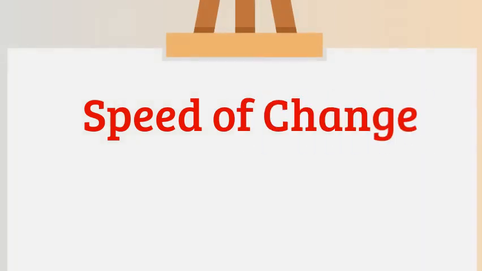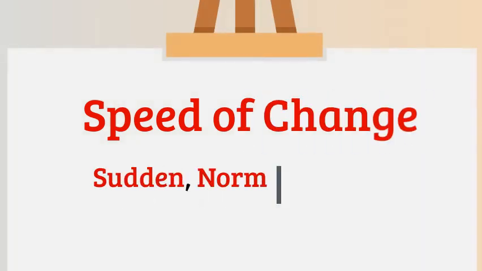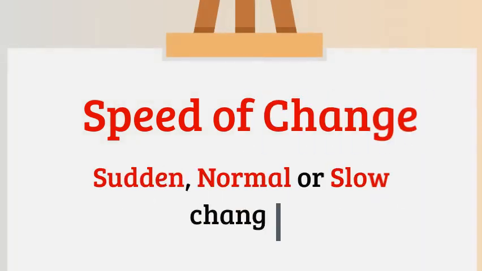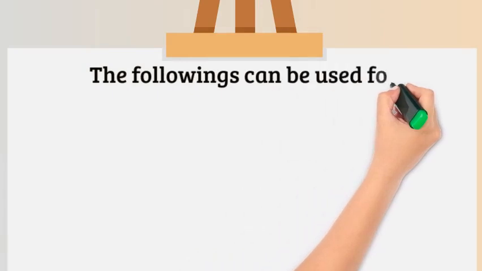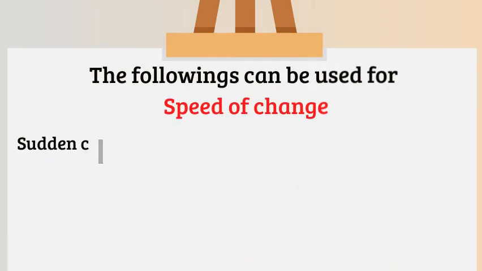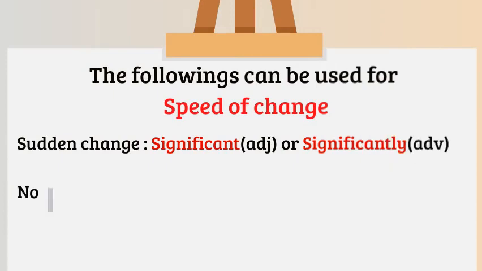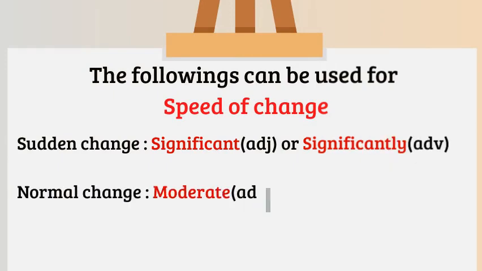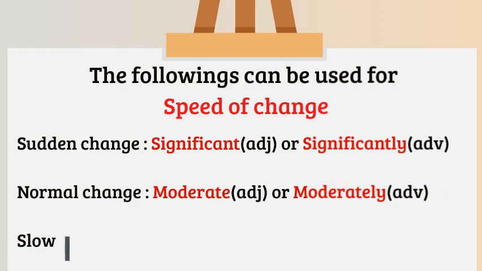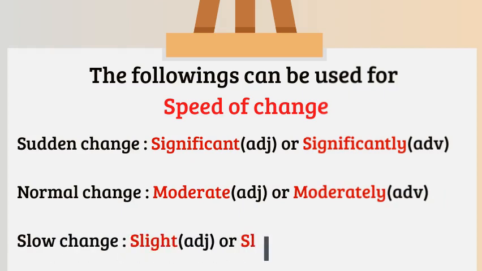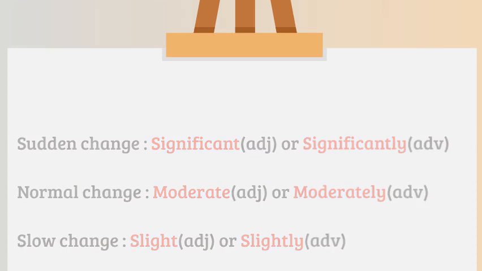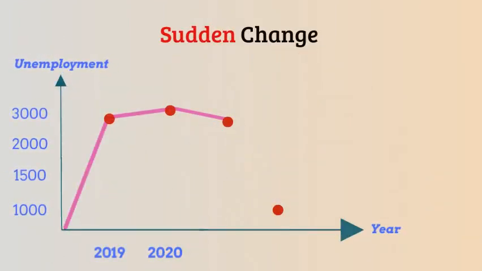Speed of change. Sudden, normal, or slow changes. The followings can be used for speed of change. Sudden change: significant or significantly. Normal change: moderate or moderately. Slow change: slight or slightly. Sudden change.